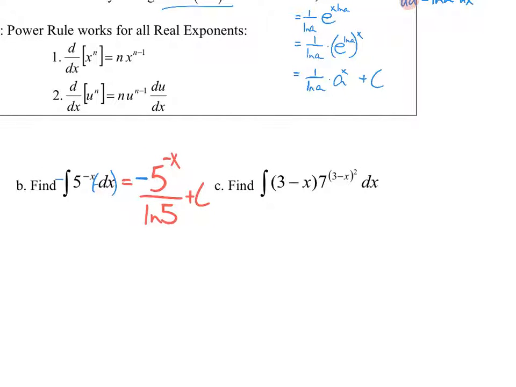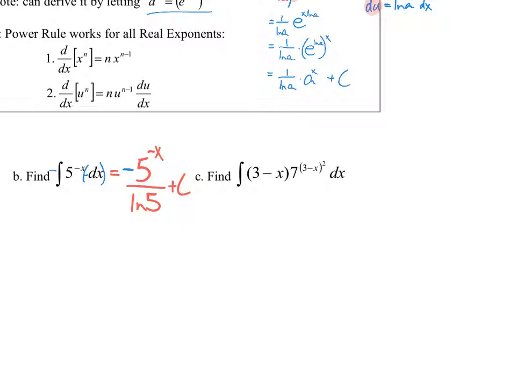And how about this one? The integral of 3 minus x times 7 to the 3 minus x squared dx. Okay, let's make our u the 3 minus x.